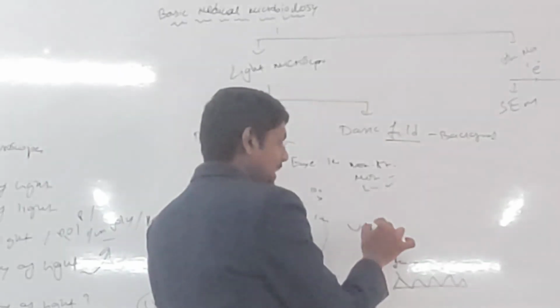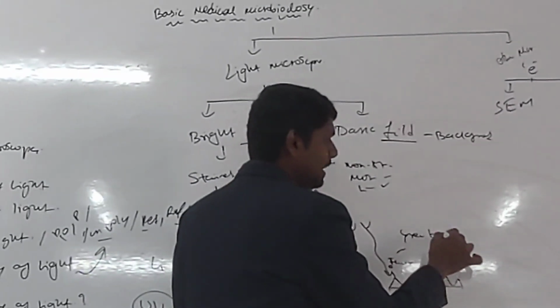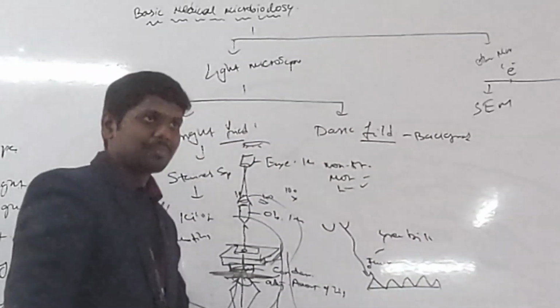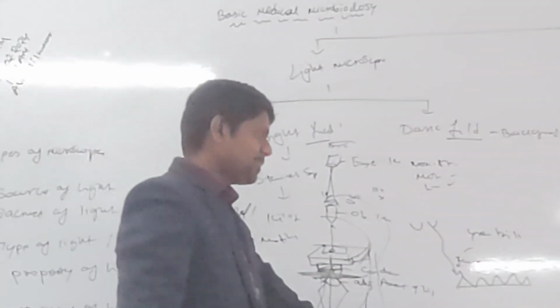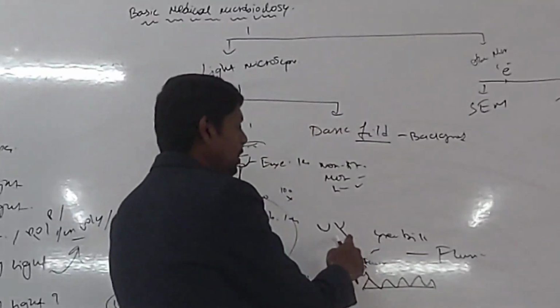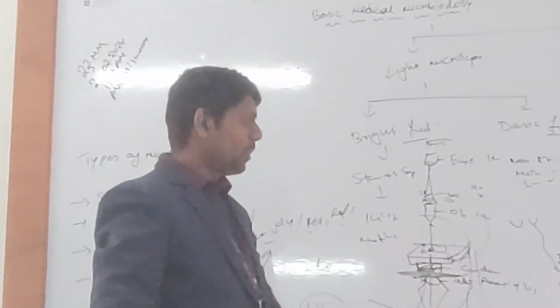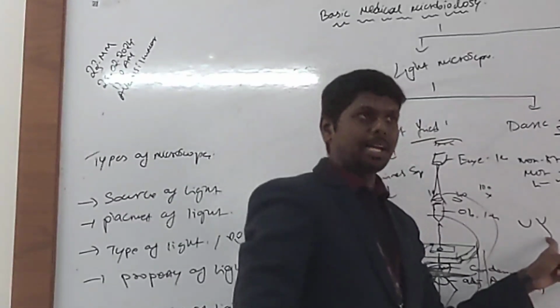If I hit a UV light on the fluorophore, it will give a bright green light. Right? So that means fluorescent microscopy. In fluorescent microscopy, I will use a UV light rather than a normal light.